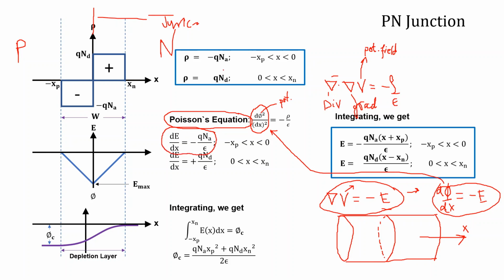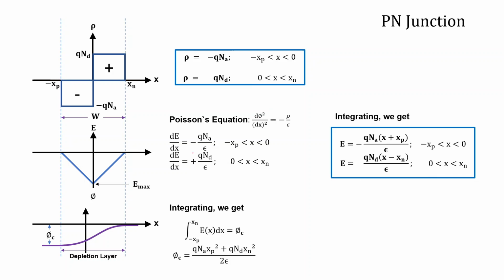Because q Na is rho, so rho here is q Na, so this becomes minus q Na by epsilon, shown here, and this is d squared phi by dx squared, and since d phi by dx is minus E, so this is dE by dx.